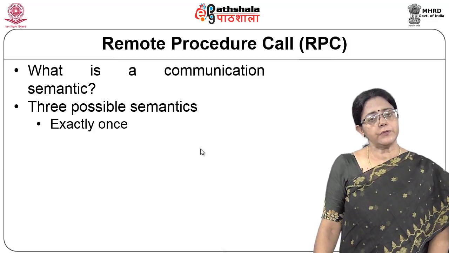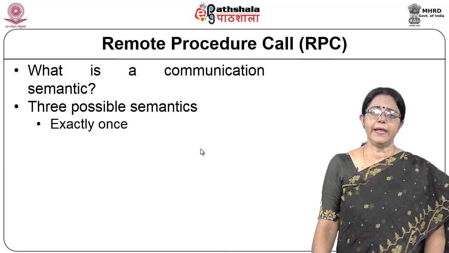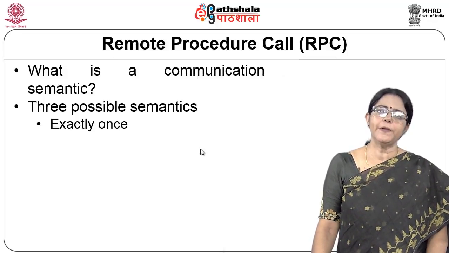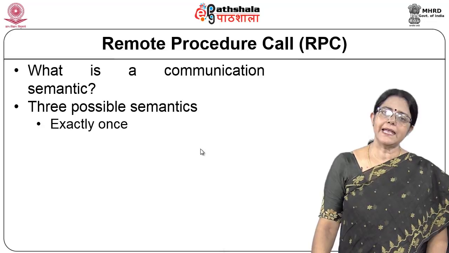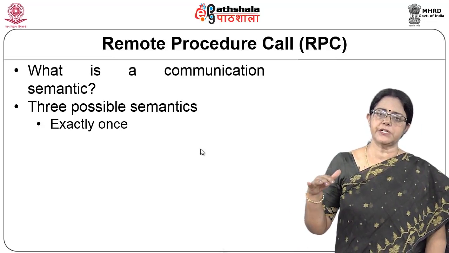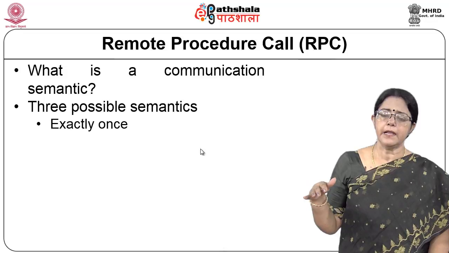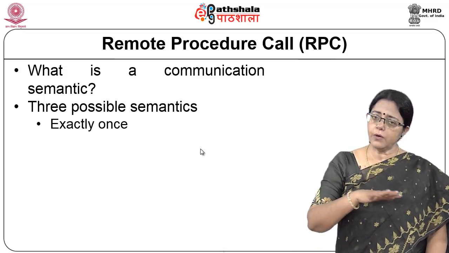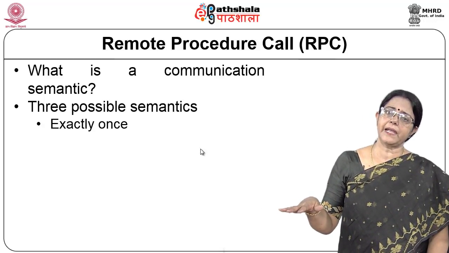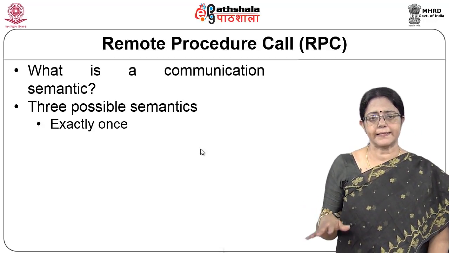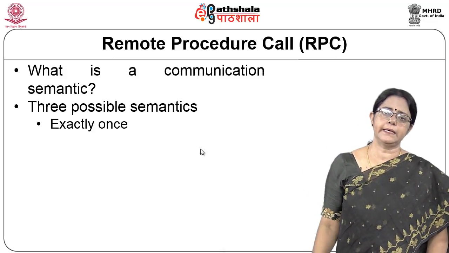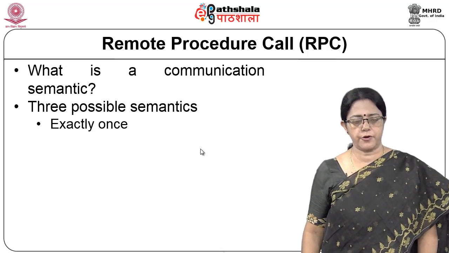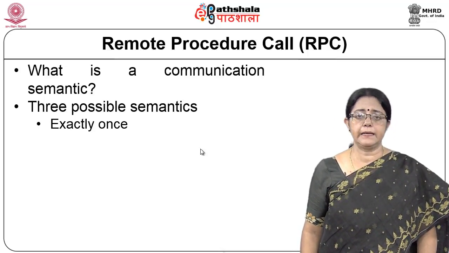Although we know that to make the communication happen we need to retransmit and duplicate messages, as far as the senders and receivers are concerned, if they demand exactly once semantics, it means that all the underlying mechanisms must ensure that there is no reflection of the retransmissions and no disturbed ordering. That is called exactly once.